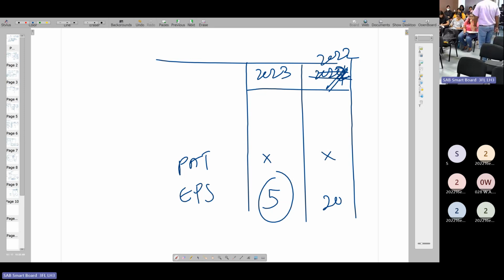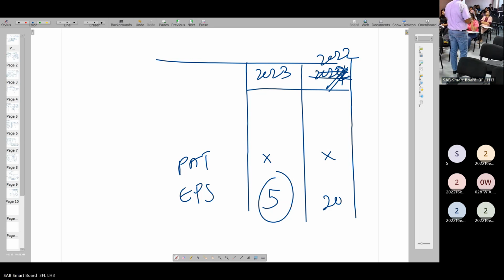So there can be a bonus issue, there can be a rights issue. I hope you are aware of those terms. What is the difference between a bonus issue and a rights issue? In a bonus issue, there is no cash involvement. Through the equity, through the reserves, they are going to issue a new set of shares as bonus.